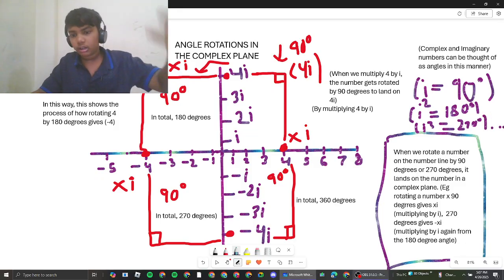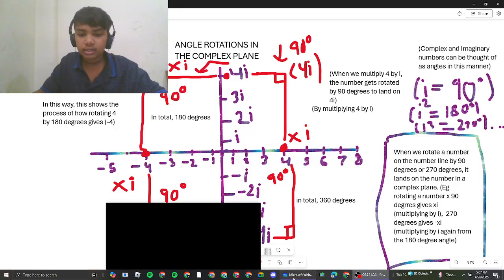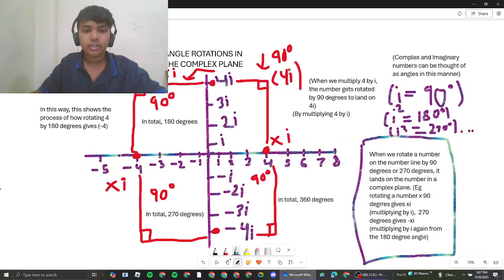So it can be thought of in this manner. It's not like in a classical sense. So just take an overview of this.